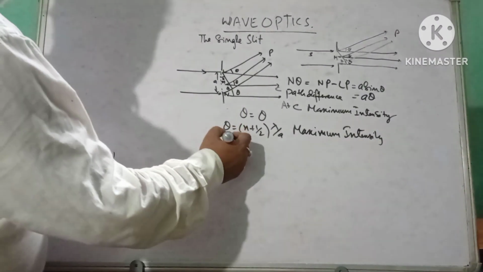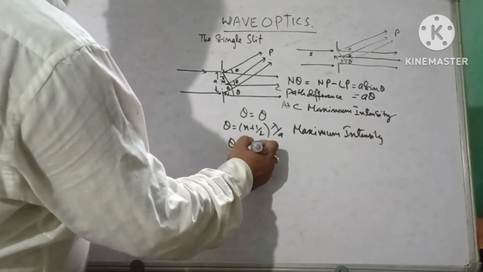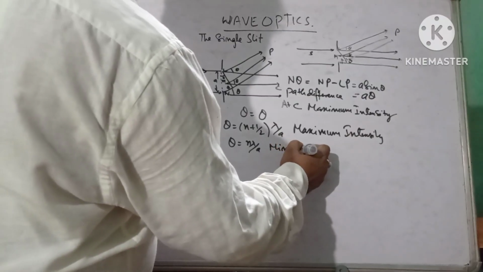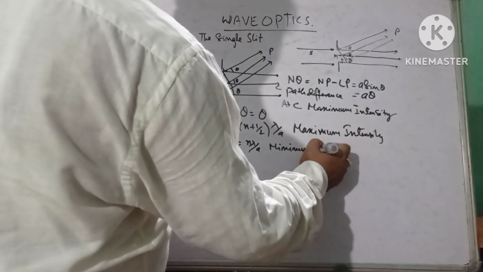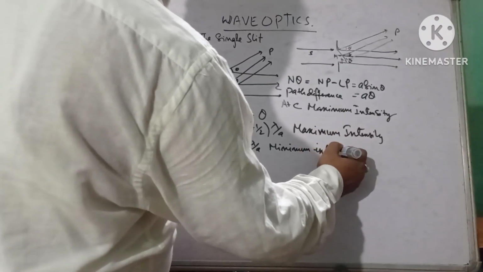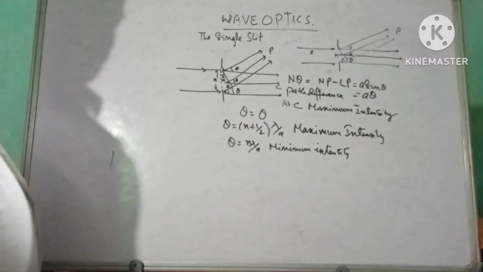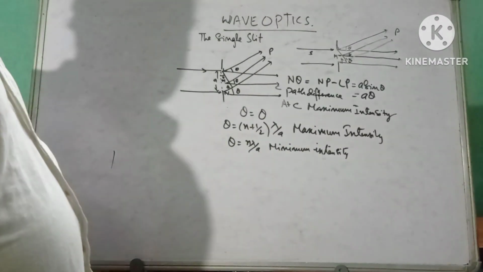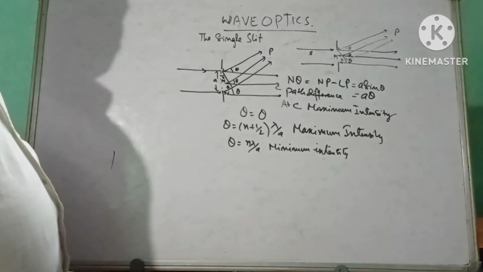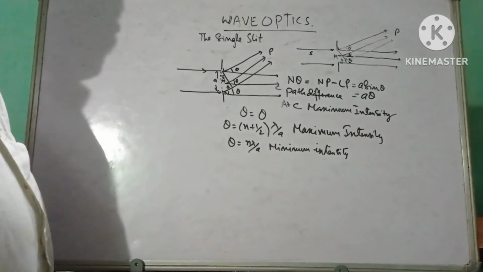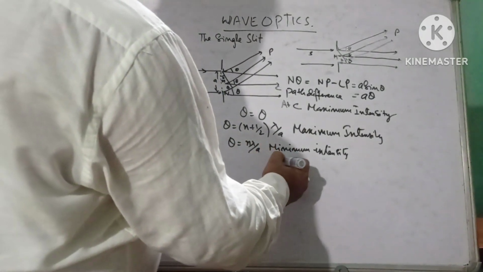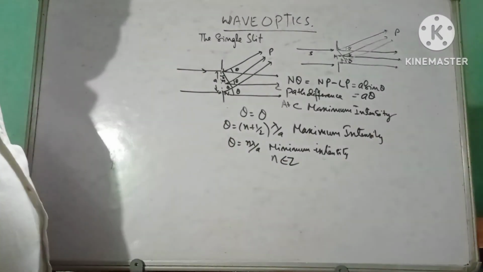And if theta is equal to n lambda by a, then you are going to get minimum intensity, where n is an integer, n belongs to Z.